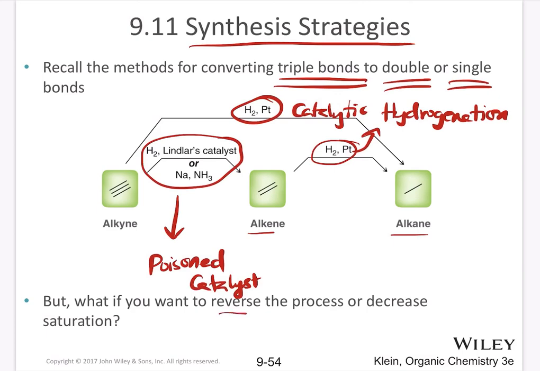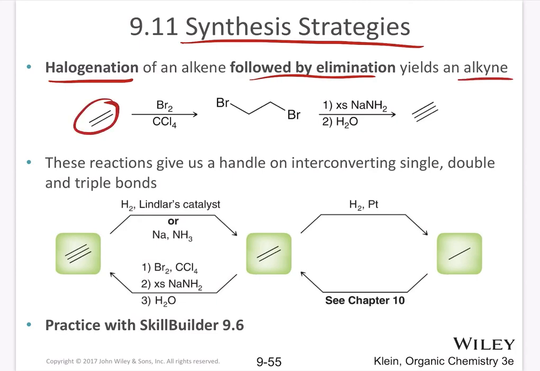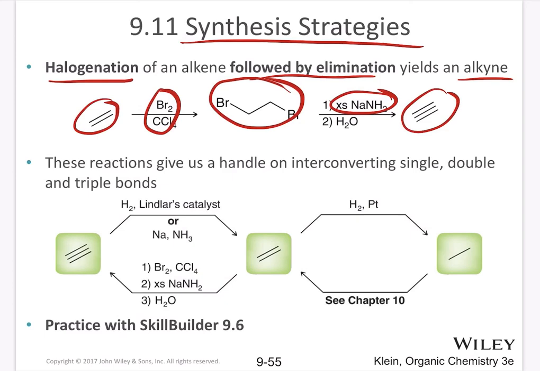What if you want to reverse the process or decrease the saturation? This requires synthesis strategies. Halogenation of an alkene followed by elimination yields an alkyne. The alkene, when halogenated, forms a dihalide, which under excess sodium amide results in an alkyne.